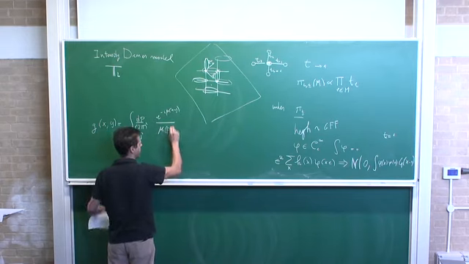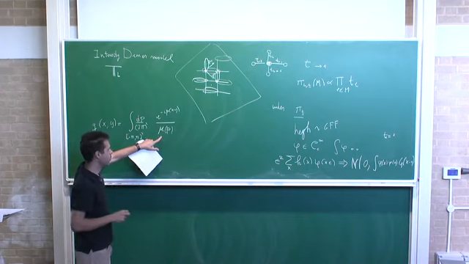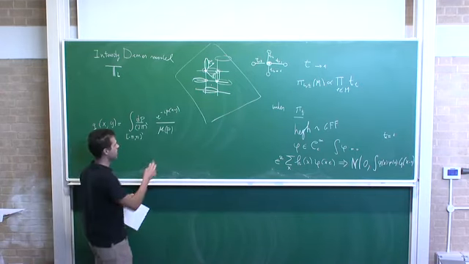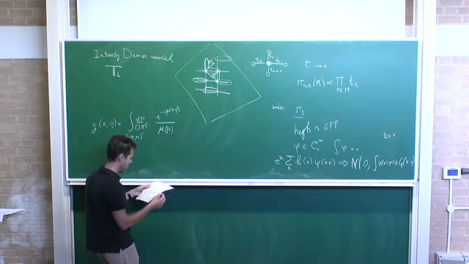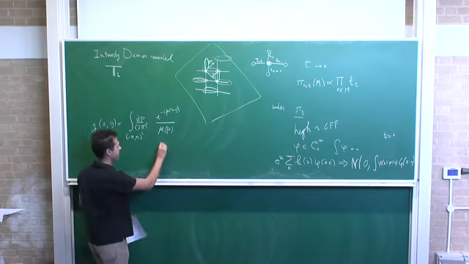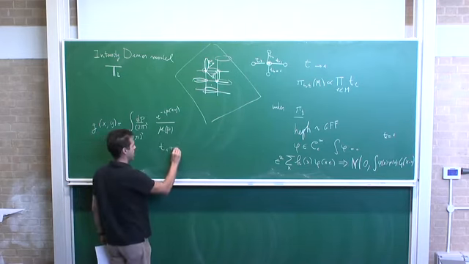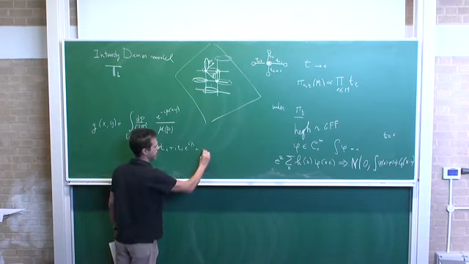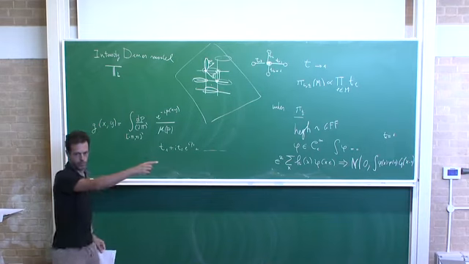I wrote down the function last time. It's a polynomial in e to the ip1, e to the ip2, and it involves the weights. I don't have the formula here, but it was something like t1 plus i t2 e to the ip1 plus something of this type. It will reappear in five minutes.